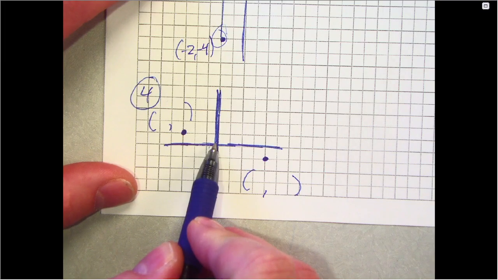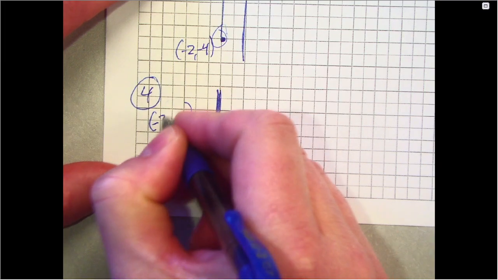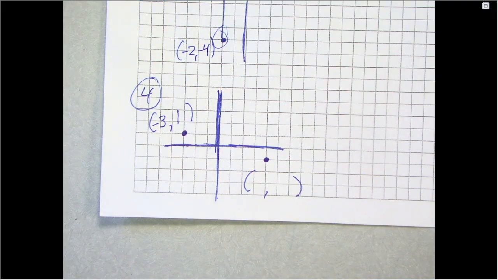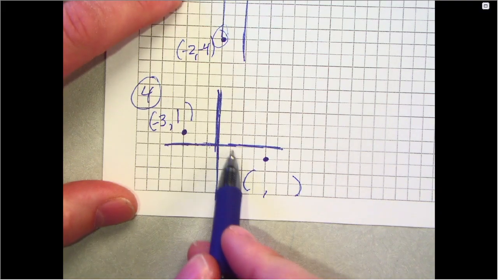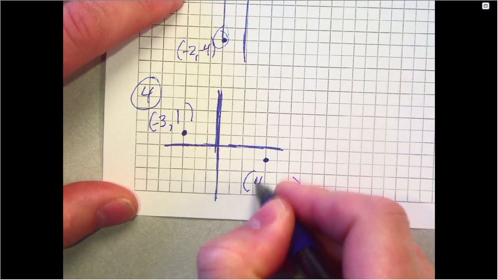This guy here is negative 3, comma 1. This guy here, I went 4 to the right and 1 down, so that's 4, negative 1.